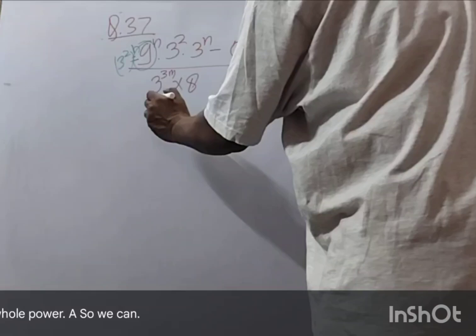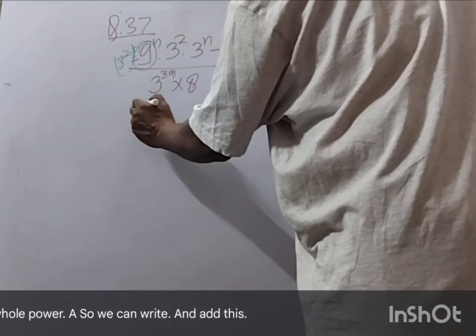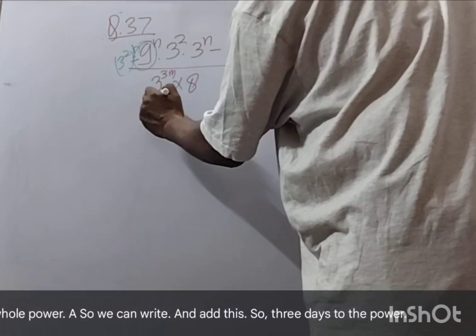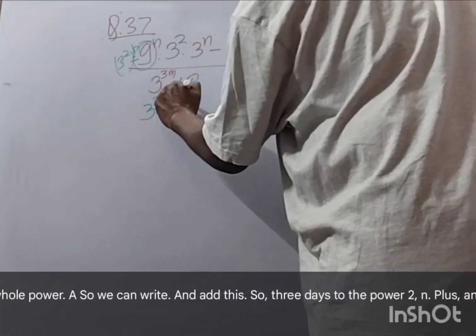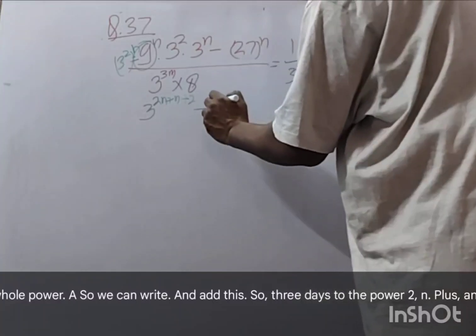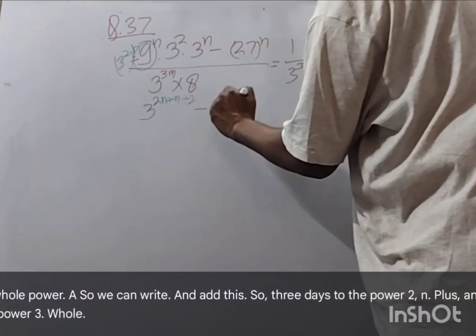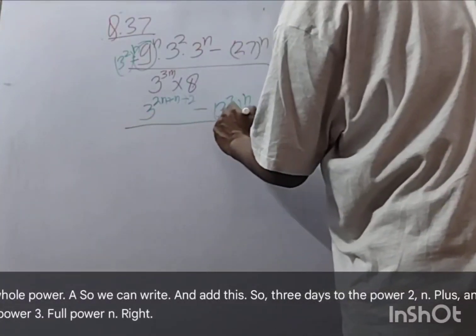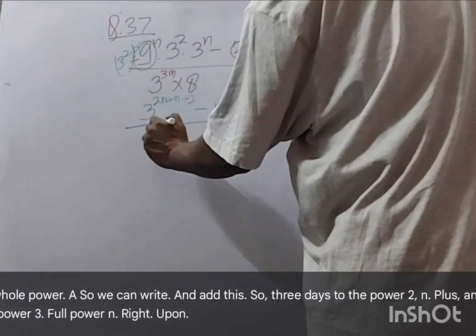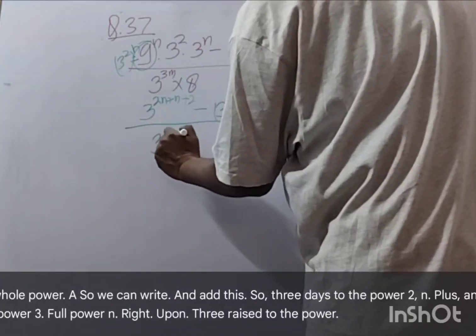So we can write and add this. So 3 raised to the power 2n plus n plus 2, minus 3 raised to the power 3 whole power n, right? Upon 3 raised to the power 3n into 8.